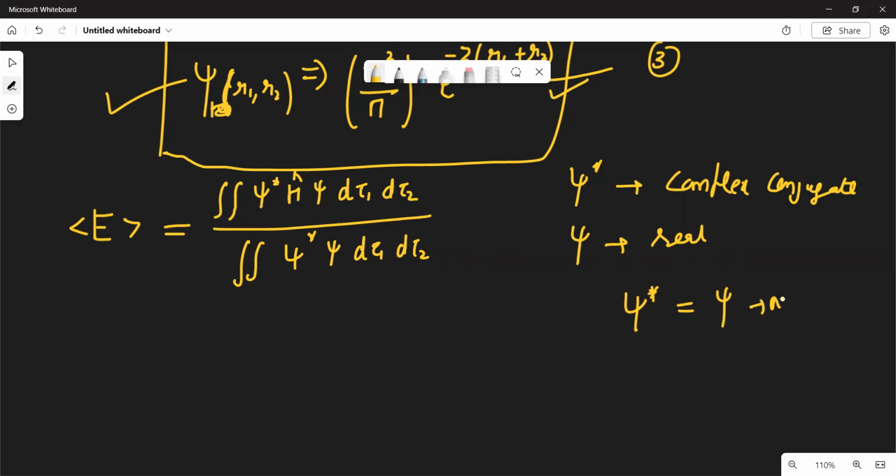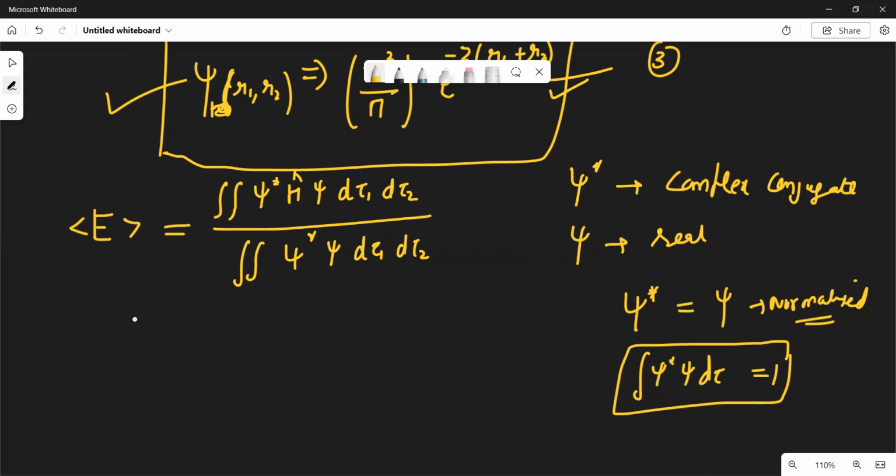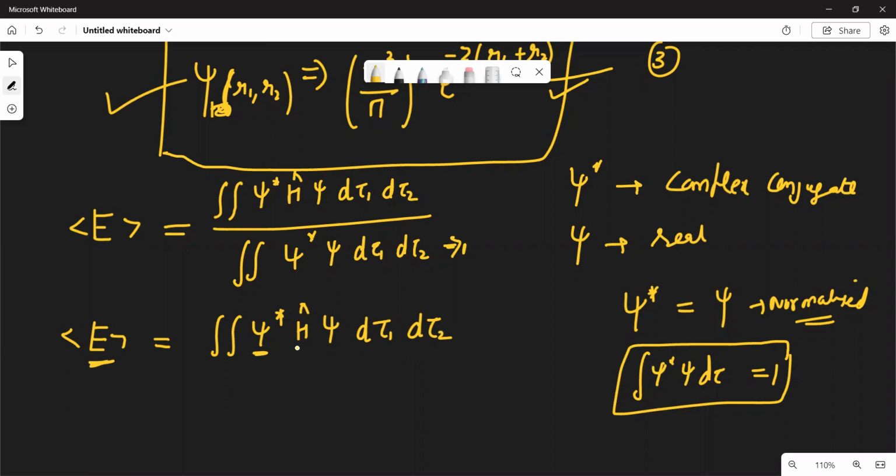Also, this wave function is normalized. If it is normalized, that means this factor is equal to 1. Means the denominator factor is equal to 1. So my expectation value expression now becomes psi star H cap psi d tau 1 d tau 2. Okay. So to find the expectation value of energy, we require wave function, we require Hamiltonian. That is already known to us. Right. So now here in place of H, in place of Hamiltonian, I will write the expression.